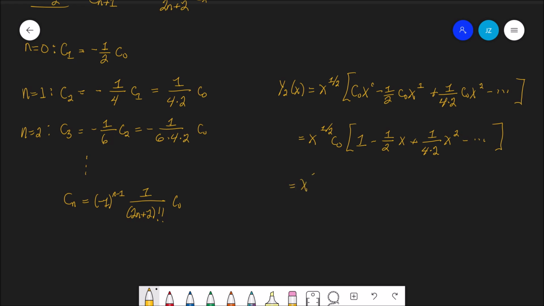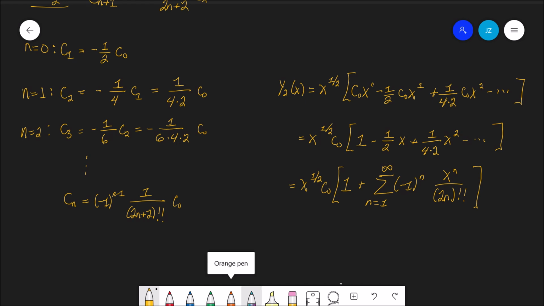So we get x to the half c naught times 1 plus the summation from n equals 1 to infinity of negative 1 to the n x to the n all over 2n double factorial.